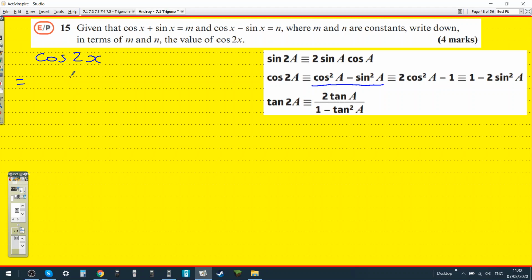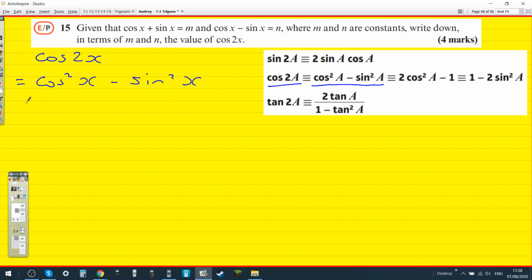So cos 2x is the same as cos x plus cos x, that's 2 cos x. Also, cos 2x is cos squared x minus sine squared x.